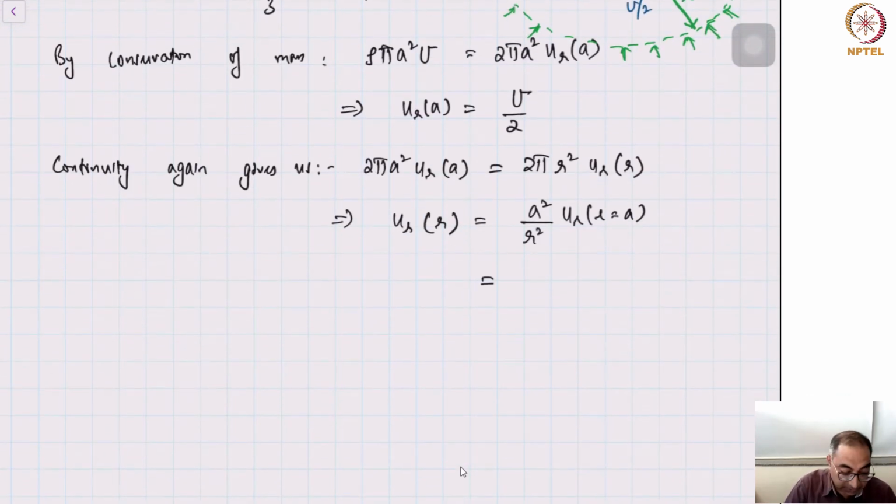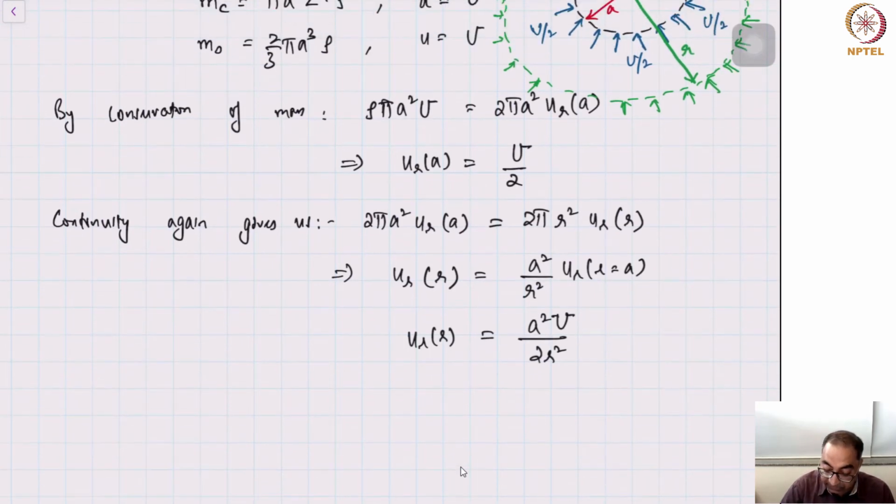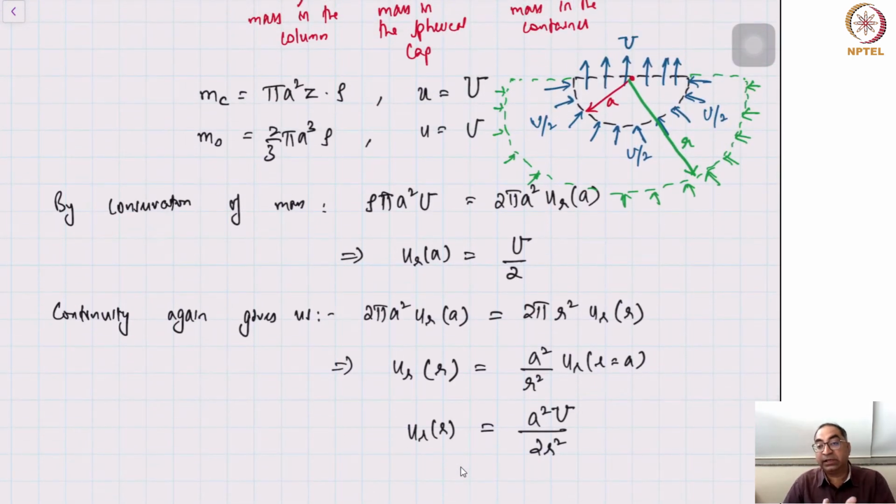If I substitute that, I have ur at any r will be a square capital U by 2r square. In other words, if fluid is entering the capillary tube with a velocity of capital U, then the fluid at some distance r in the body of fluid below the capillary tube, to a good approximation, would basically decay like 1 by r square.